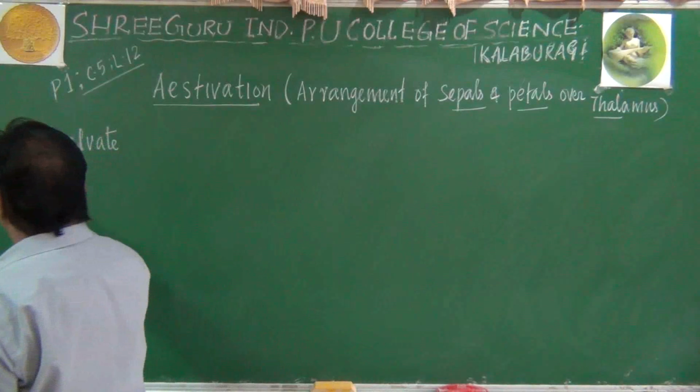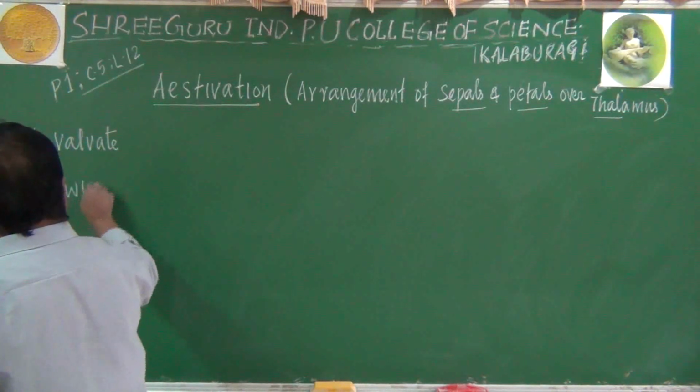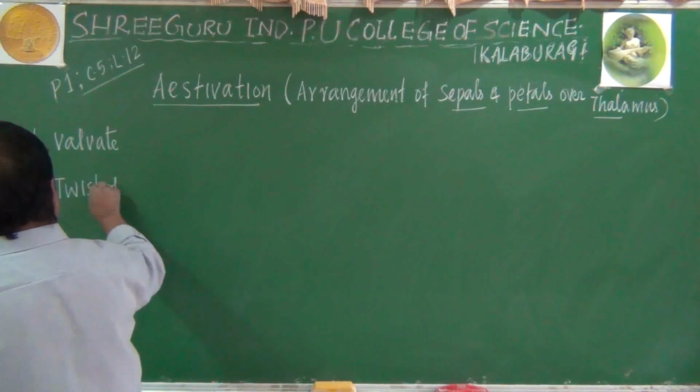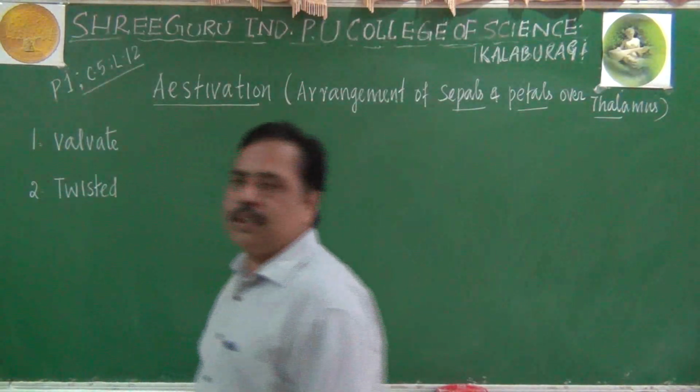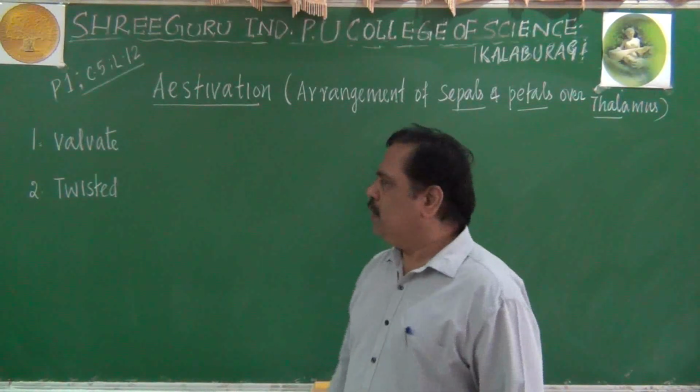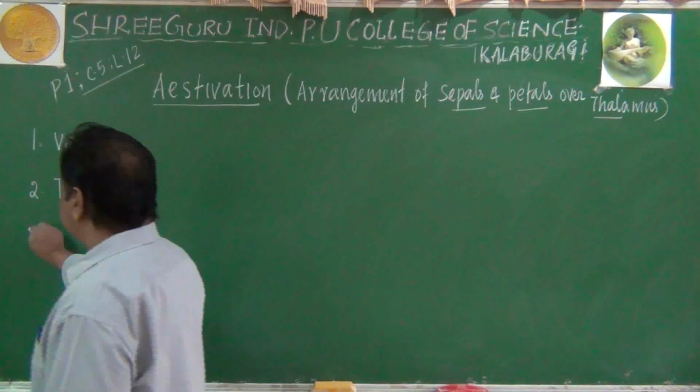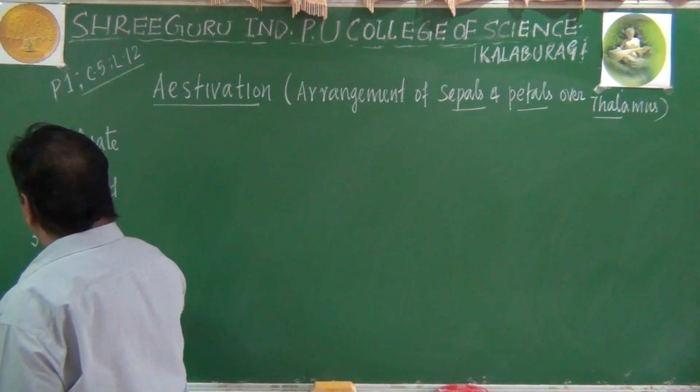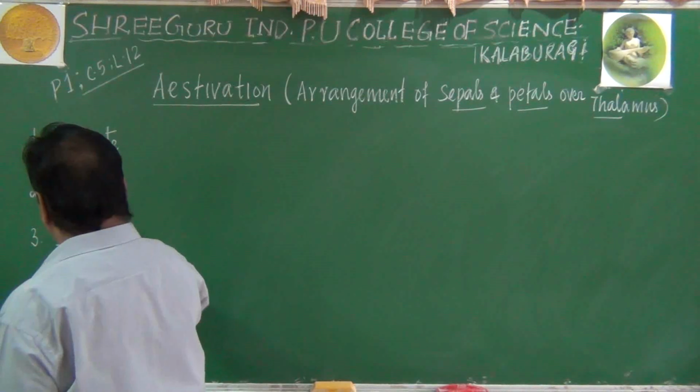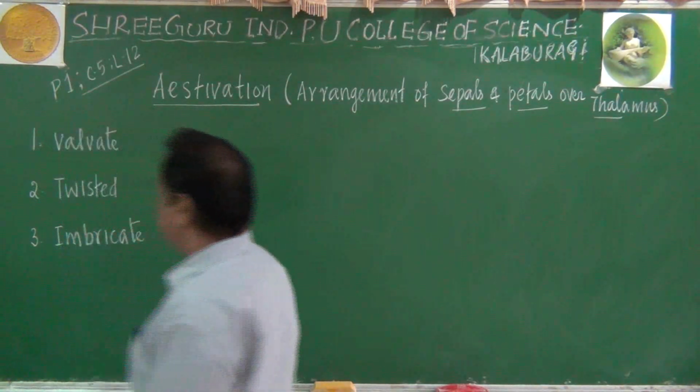The second type of estivation is known as twisted estivation. The third type is known as imbricate estivation. Remember this point.